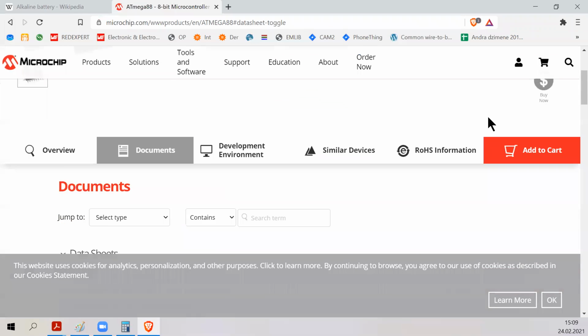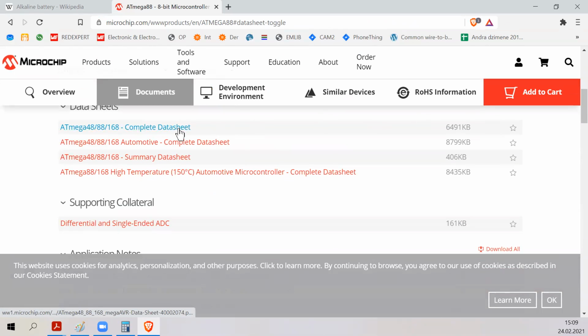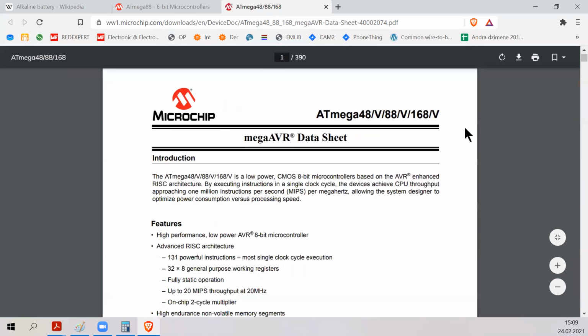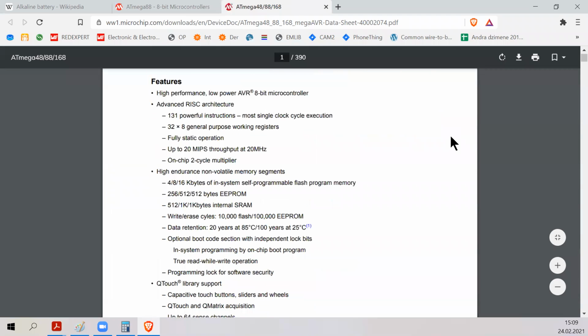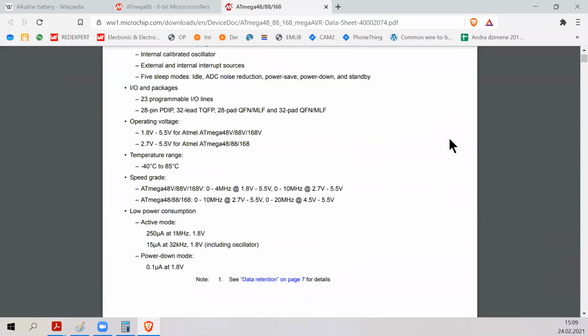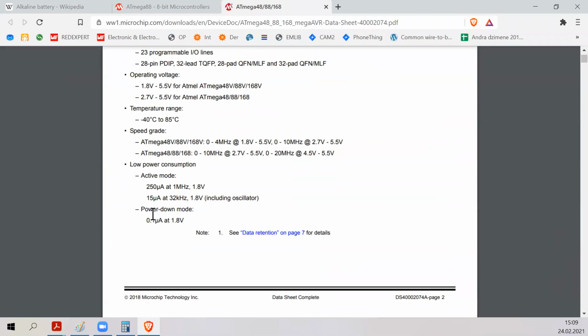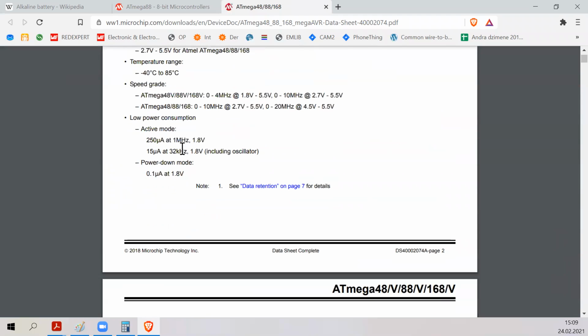So let's check out the datasheet. Okay, complete datasheet. And let's check out its power consumption. Temperature range the same, speed grade, low power consumption, 15 microamps. Okay, we can see the power consumption at 32 kilohertz low frequency clock.